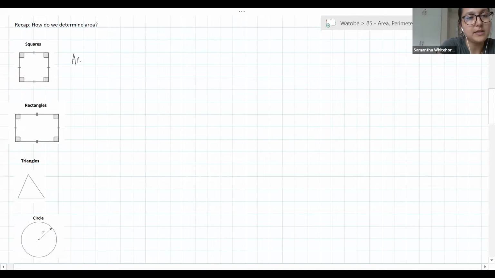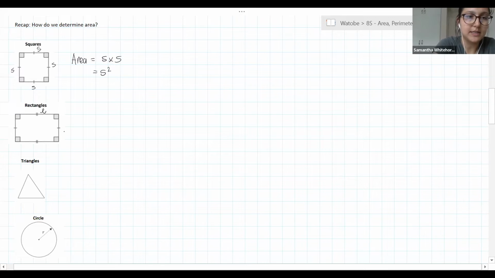For squares, the area is equal to, and what we need to remember about a square is that all of these side lengths are the same. And so the area of a square is equal to side times side, or we can just shorten that to side squared. If we then go on to the rectangle, a rectangle has 2 pairs of sides that are equal to each other.